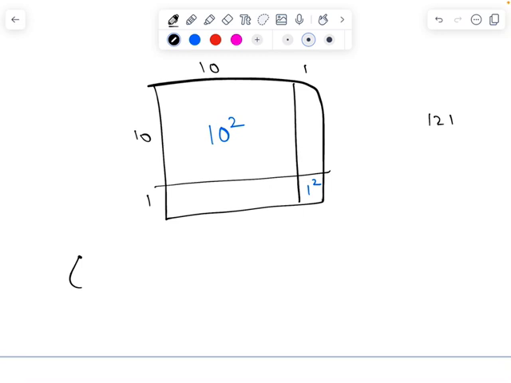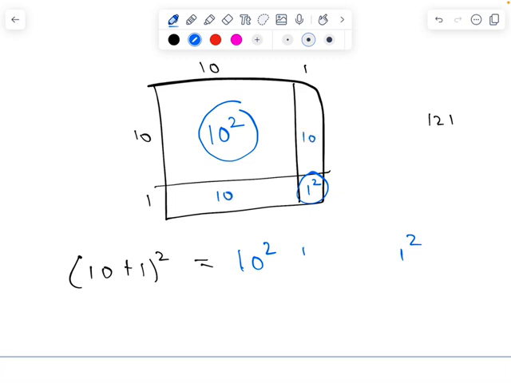And going back to (10 + 1) squared, we do get 10 squared, we do get 1 squared, but we also get these different regions. This region has an area of 10, this region has an area of 10, and so we have 2 10s. So we get 100 plus 20 plus 1.